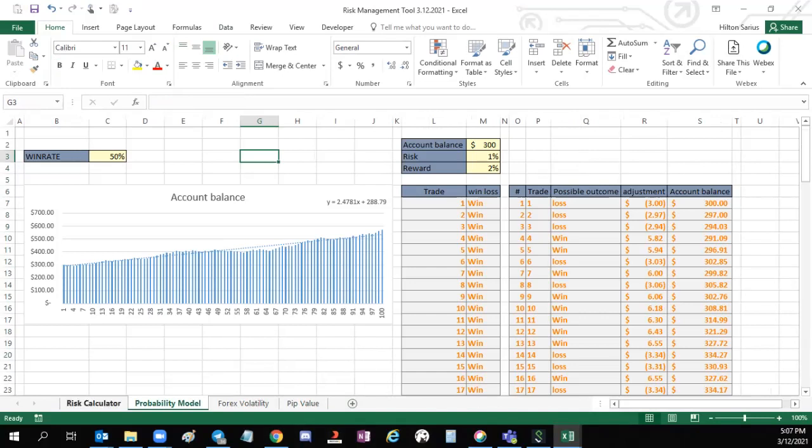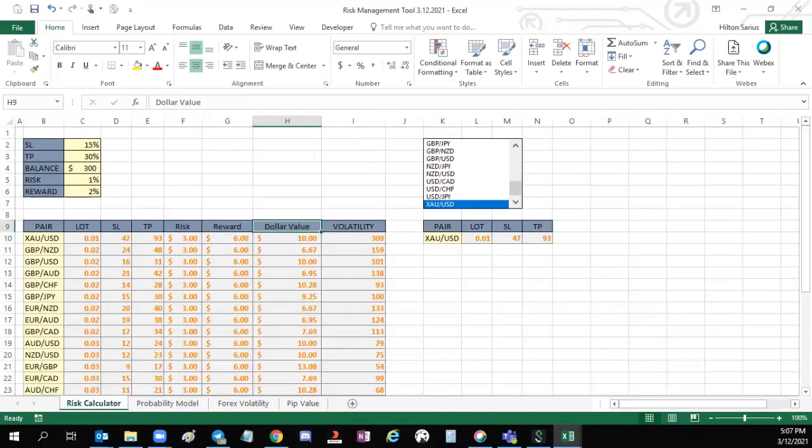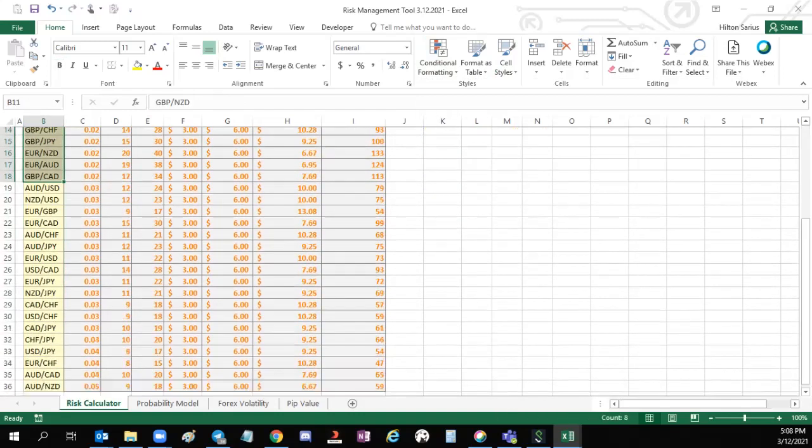Those are the inputs, and all of that runs into this risk calculator. The sections that we have in cream color, these are your inputs.